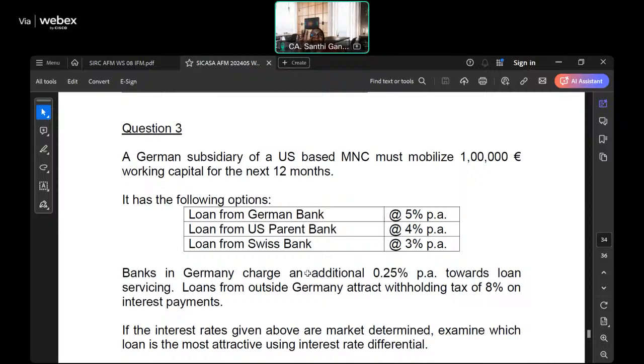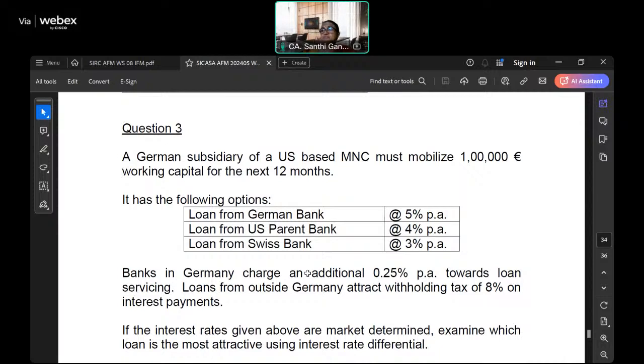Now, lending bank would require interest rate net of withholding tax because they are all market determined. The lending bank is not going to allow you to deduct and give a lower amount. If you don't want, then the others will take it. So that they are not interested.